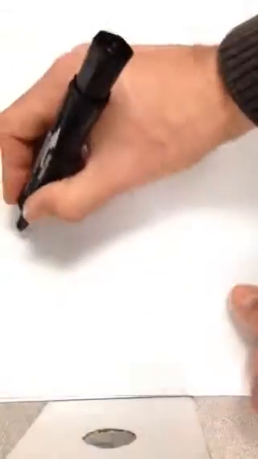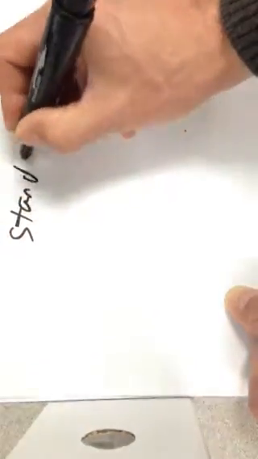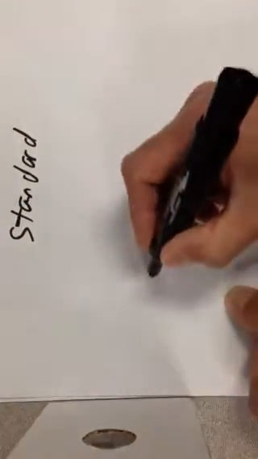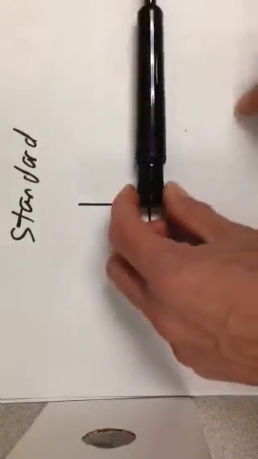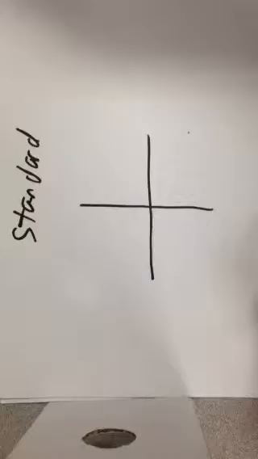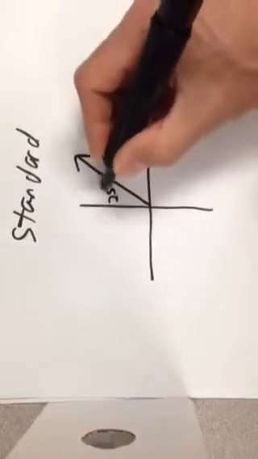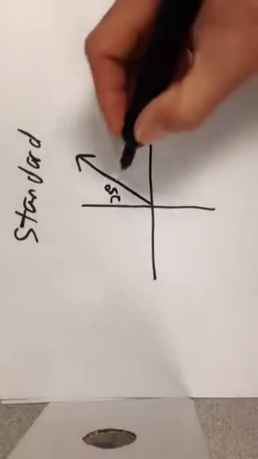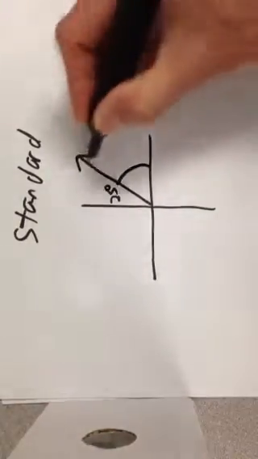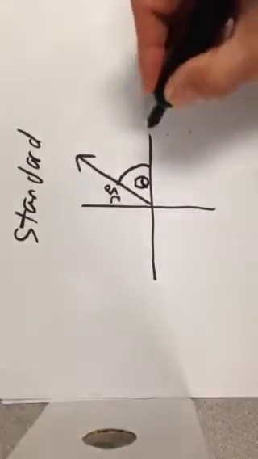And finally, there's what we call standard position. I'll just write standard. And standard is what you learned in chapter 1, and it is considering all angles as counterclockwise from the x-axis. So if again we look at vector v, which is 25 degrees to the right, we would specify the angle as the counterclockwise rotation off of the x-axis.